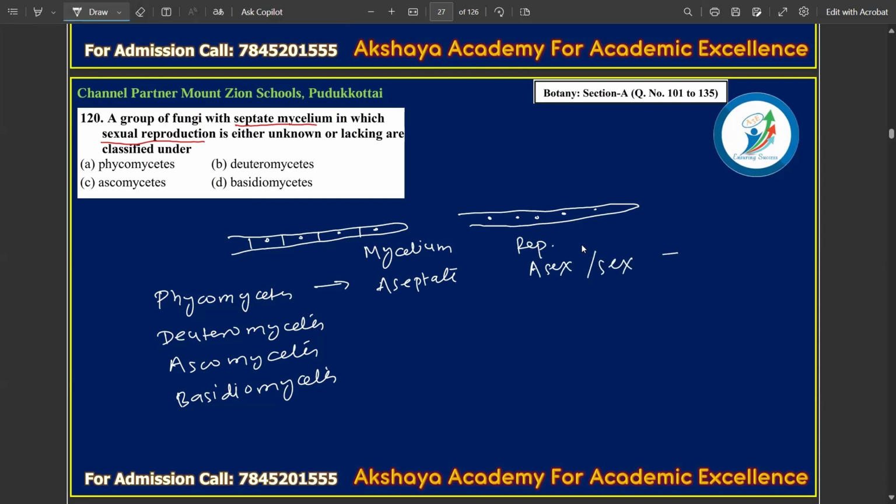Examples can be Rhizopus and Mucor. Then Deuteromycetes are septate, right? Their sexual reproduction is not known.